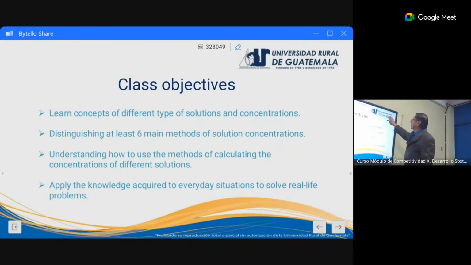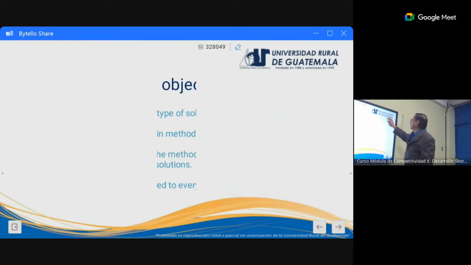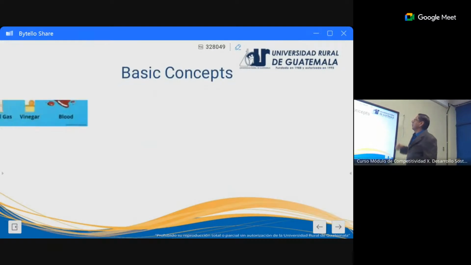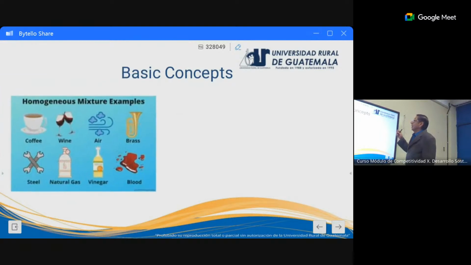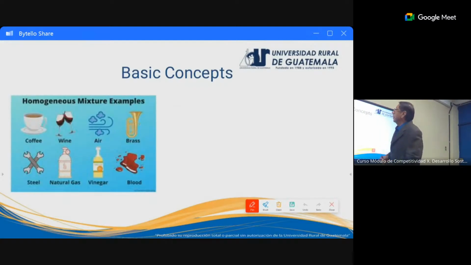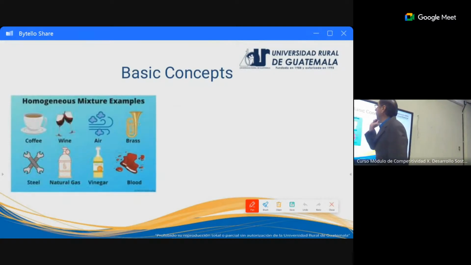Now, let's start with the next slide information that is here, the basic concepts. And with this, we're going to analyze some mixtures like the sample we see here. So we have two main types of mixtures.